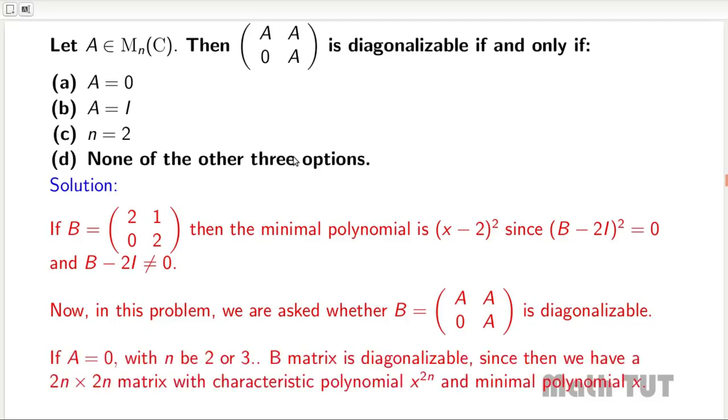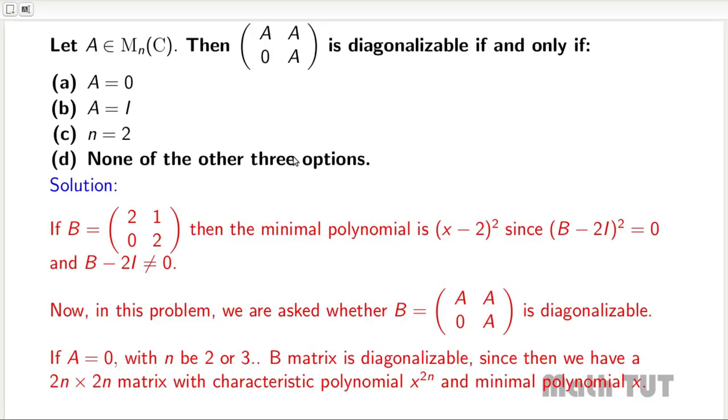If A is equal to 0, that is, if you take A to be a 0 matrix and you take the order to be 2 or 3 or 10, whatever, in all those cases the block matrix B is diagonalizable, because if we put A equal to 0 we get completely a 0 matrix, and for that 0 matrix the characteristic polynomial is x power 2n, and the minimal polynomial is obviously x.